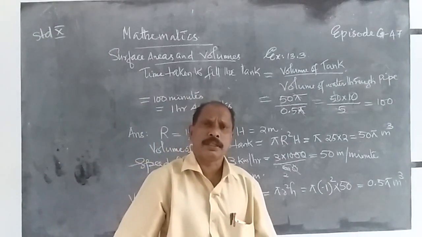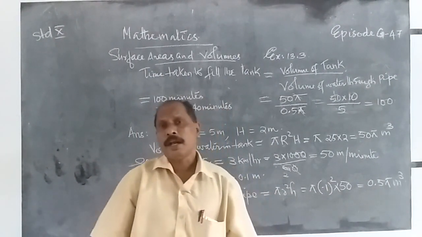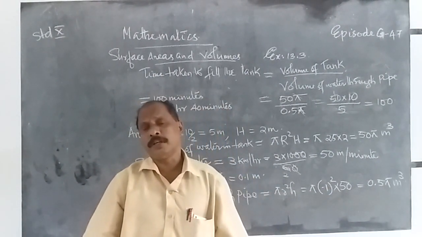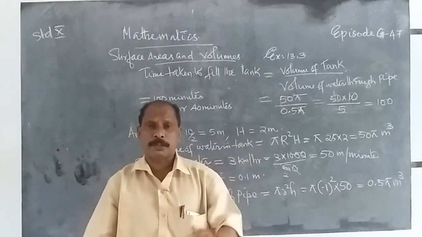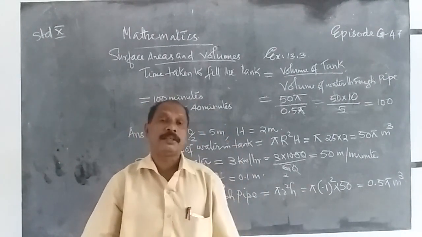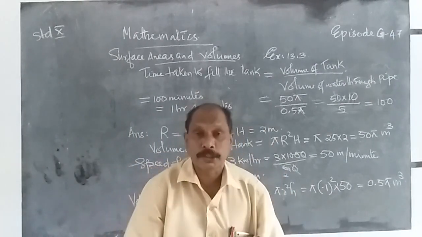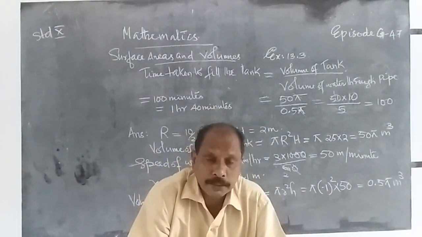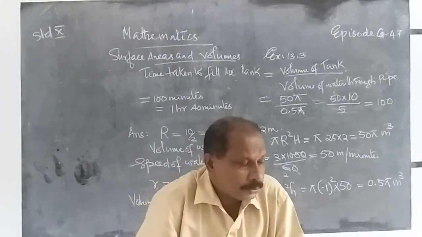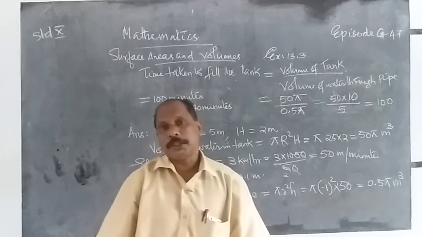All the students, listen to the episodes and write all the notes in your notebook. That means all the theory part of each chapter and also the problems in the exercise. After that you study well. Therefore, this chapter is always closed.